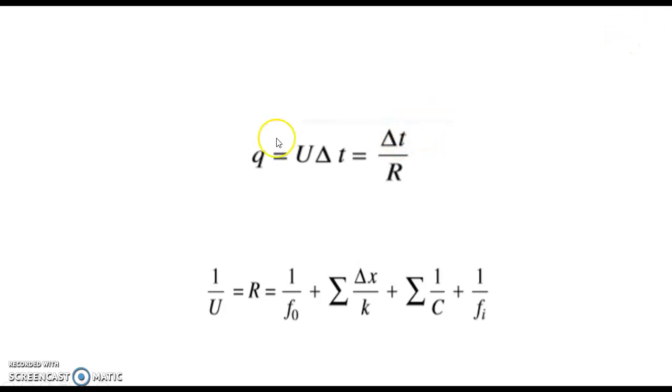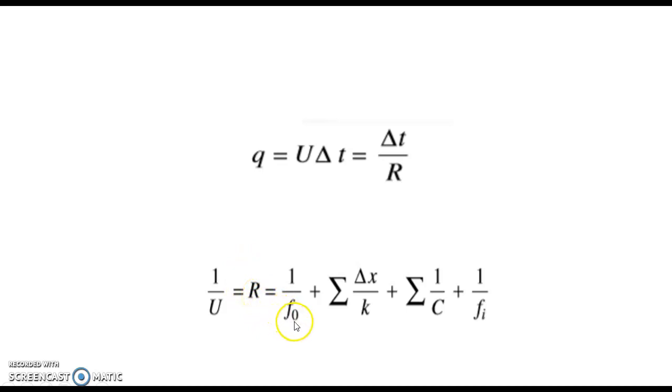Here Q equals the amount of heat transferred through the wall. Q equals U times del T. So U means overall heat transfer coefficient, del T is the temperature difference. So 1 by U equals the resistance of the composite wall.